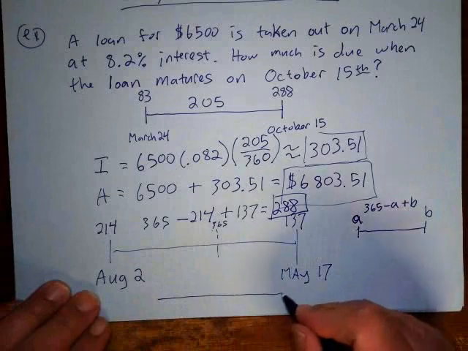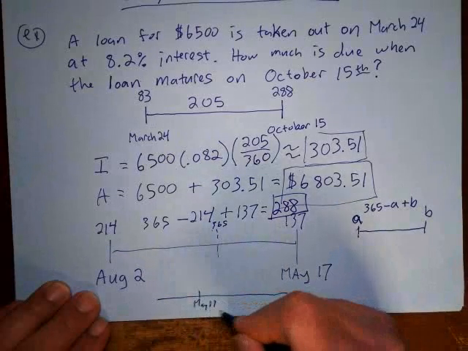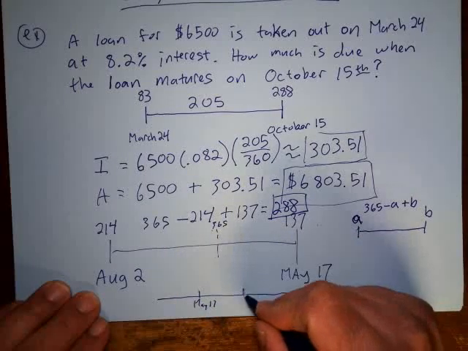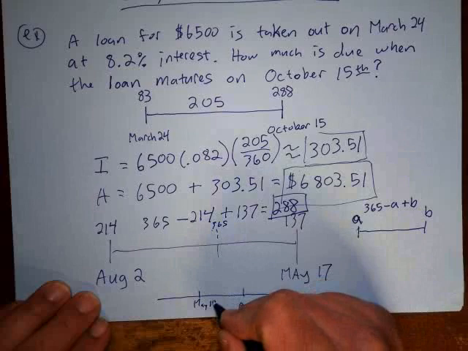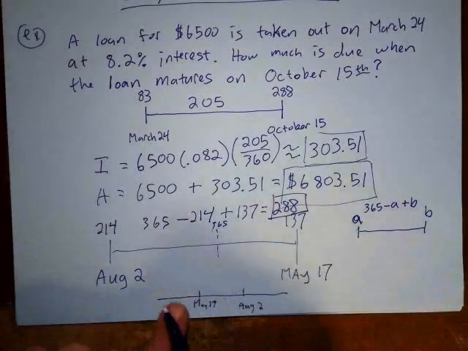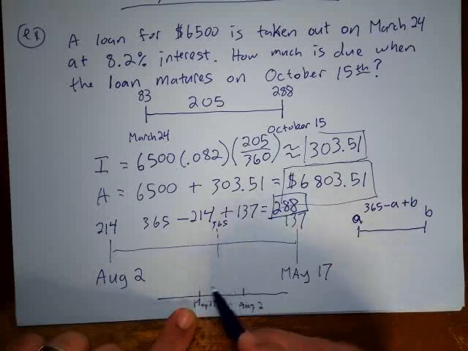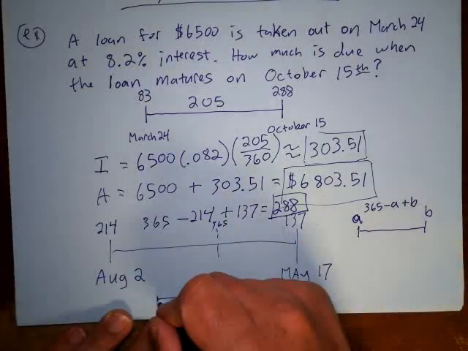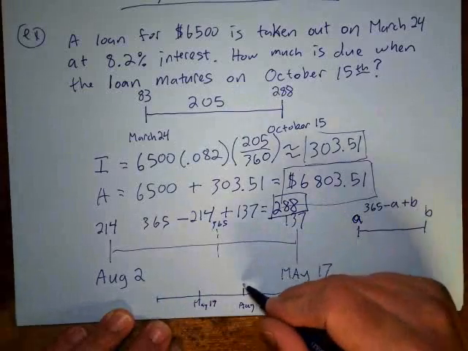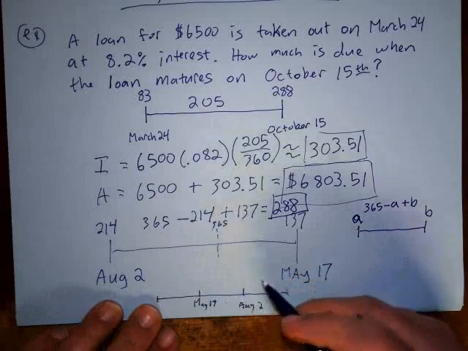This is the whole year. Let's say this is May 17th, and this is August 2nd. Okay, so if you just take 214 minus 137, that would actually give you these number of days. But your loan goes from August 2nd to the end of the year into the next year to May 17th.